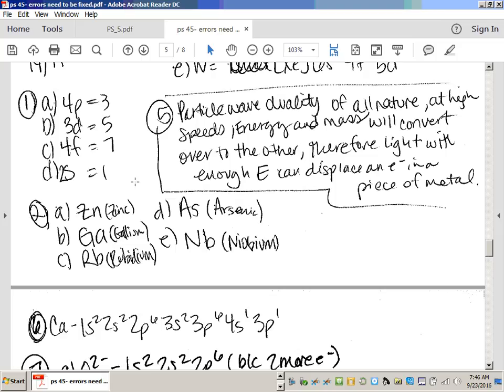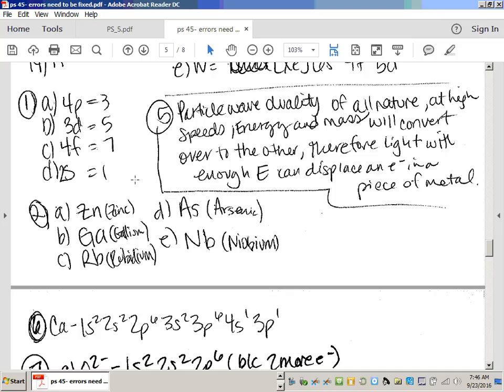Well, the reason it can do that is because these electrons live in these funky shaped orbitals that are farther and farther away from the nucleus. So that encompasses the quantum mechanical model's orbital theory versus Bohr's orbit theory. And so these electrons have energy, and once you shine the light on them, you can bounce them to a higher energy level and even out of the actual full orbital if there's enough energy to displace the electron.